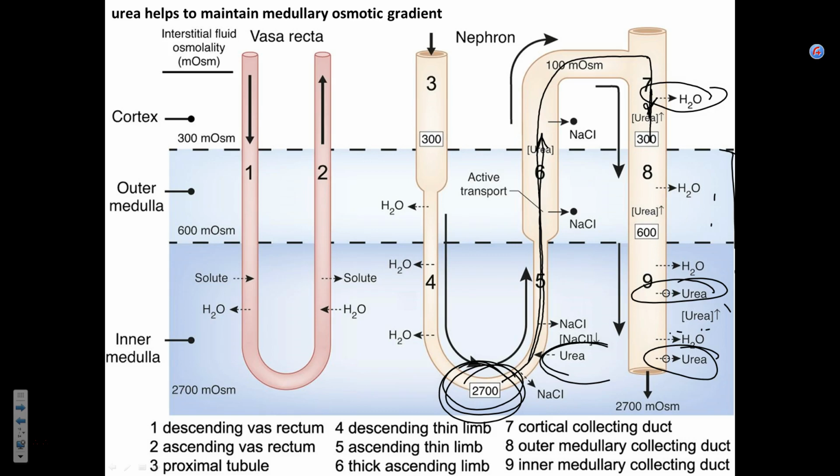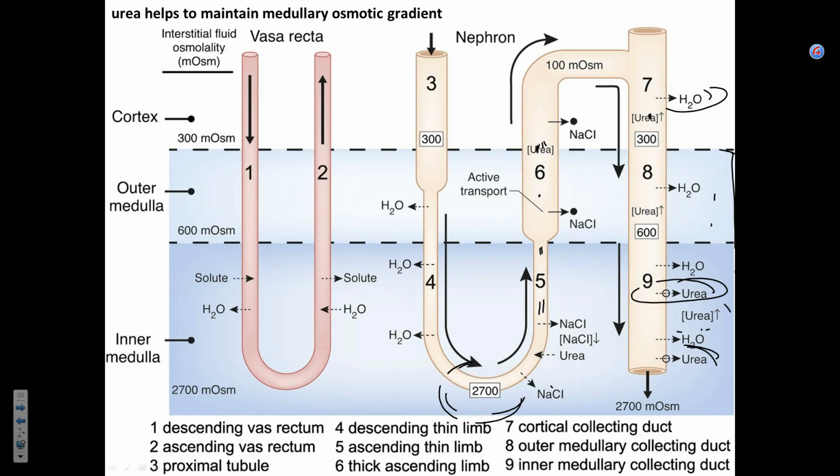And what's going to happen to that urea in the medulla? It's going to go back into the nephron loop. Essentially, you have a cycle. Urea cycles. Let me erase it and draw the cycle again. Urea cycles like this. Okay?